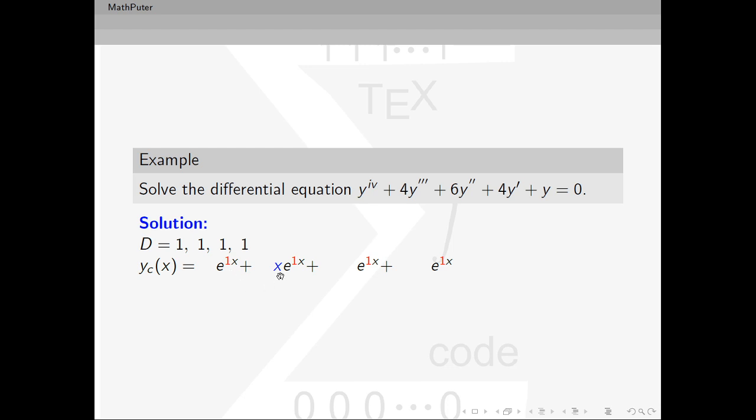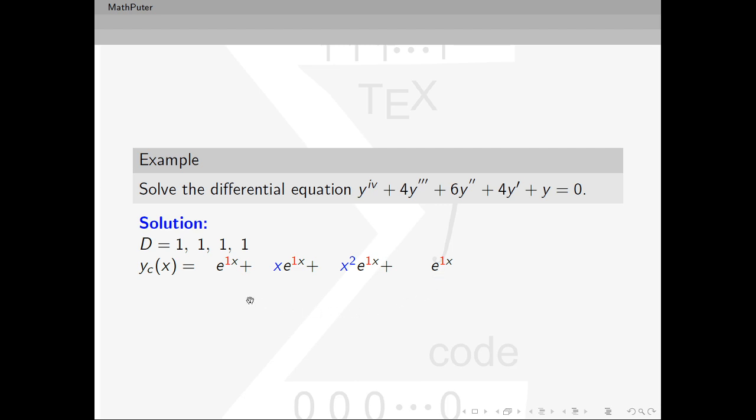Generally, we use x, x square, x cube, only polynomials, to convert the functions into linearly independent functions. Now what happens if I multiply by x here, then these two functions are equal. So I choose x square here. So e raised to x, x e raised to x, x square e raised to x. These three are different functions now.